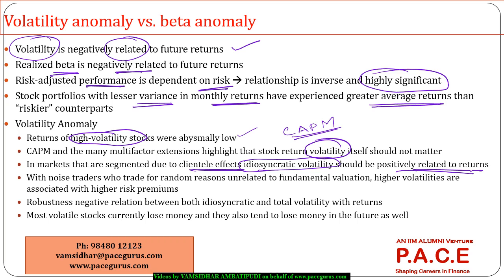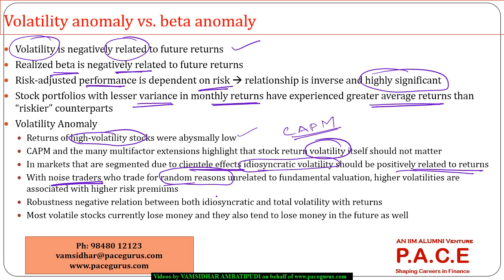There are so many noise traders, sometimes rational, sometimes irrational, who just keep trading. They don't even do a fundamental valuation of the security. They keep buying and selling, for random reasons. So in those cases, if the volatilities are higher, it is understandable that they may result in higher risk premiums as well.